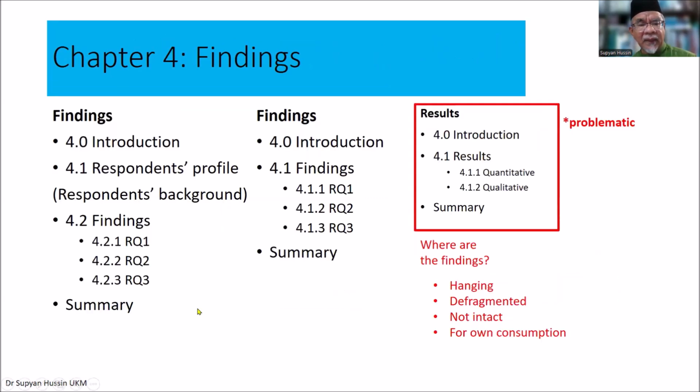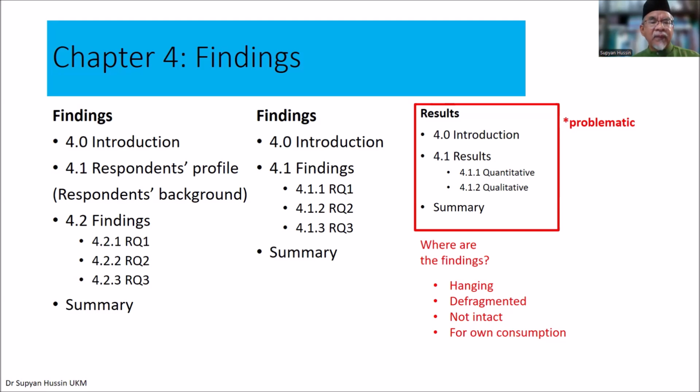Looking again at this structure, in your chapter on findings, chapter 4, you have an introduction and a respondent profile or respondent background. There is a debate on this issue, whether or not we should put the respondent profile or respondent background in chapter 3.